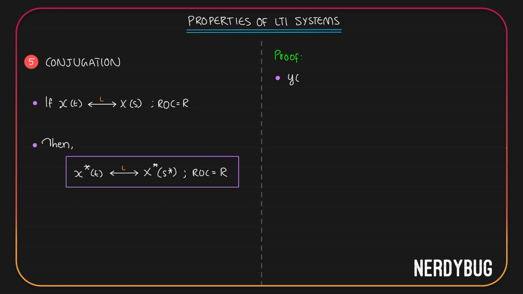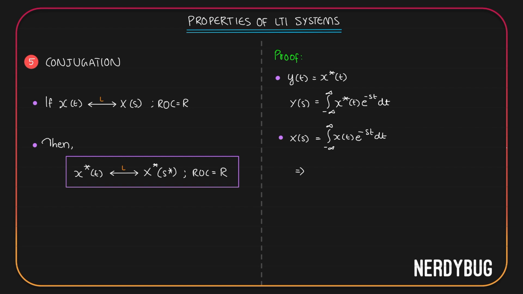We'll start by defining y of t as x conjugate of t. Then we can write Y of s is going to be integral from minus infinity to infinity, y of t is x conjugate of t, e raised to minus st dt. Now X of s is the Laplace transform of x of t, so it is integral from minus infinity to infinity x of t e raised to minus st dt.